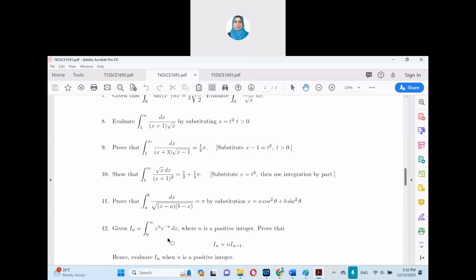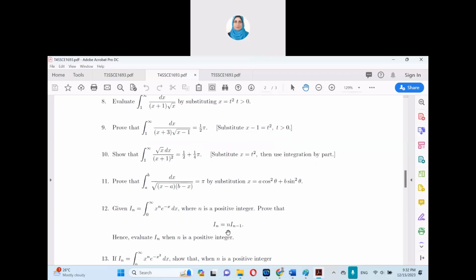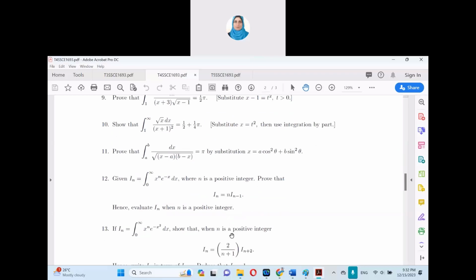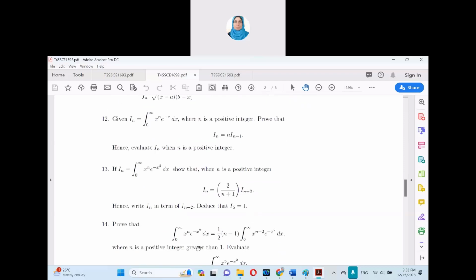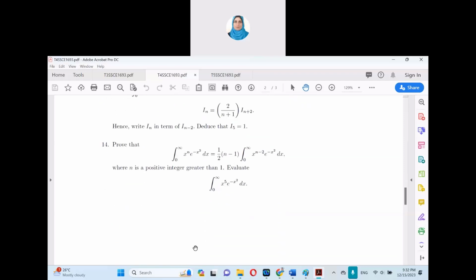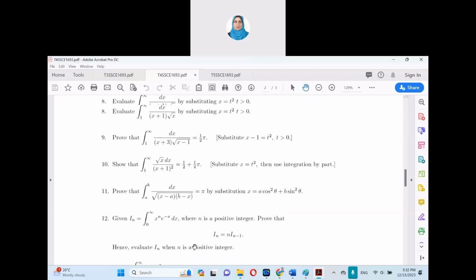The integration In is equal to the integration from 0 to infinity of x to the power n e to the power minus x dx, where n is a positive integer. Prove that In is equal to n times I(n minus 1). Questions 12, 13, 14 all use the same idea.